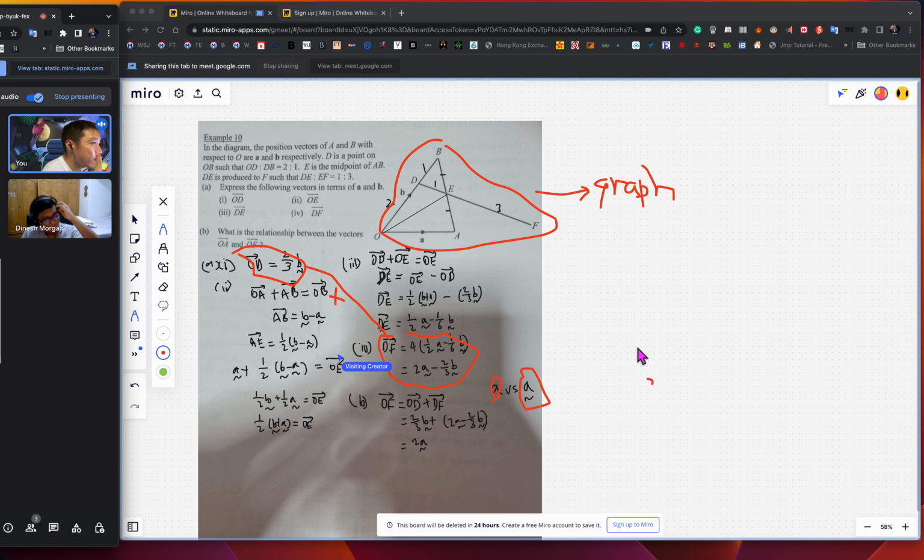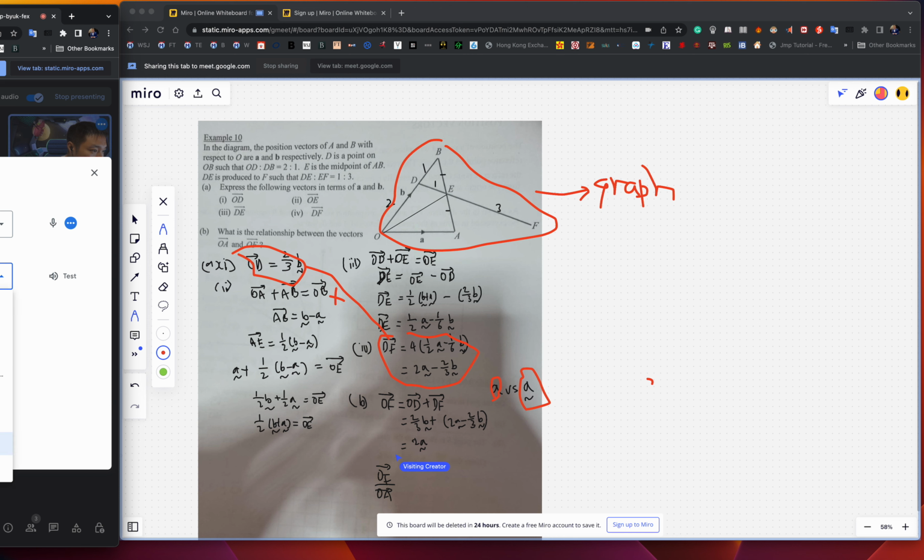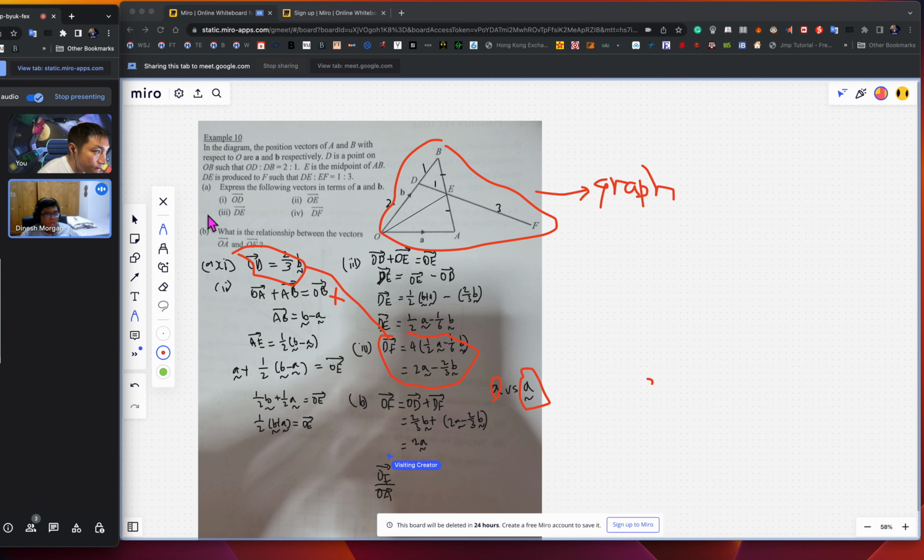How to prove parallel is, can you use OF over OA? Can you write down OF over OA, with an arrow on top of both? So in a way, you have two alpha over alpha, right?